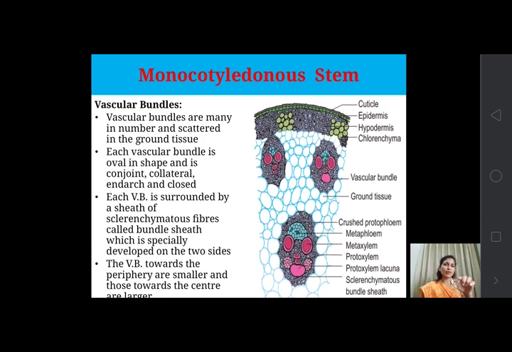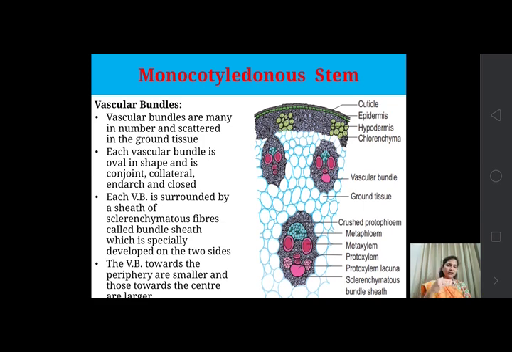This vascular bundle is surrounded by a sheath of sclerenchymatous fibers called the bundle sheath, which is specially developed on two sides, the upper side and the lower side. You can see in the picture the labeled sclerenchymatous bundle sheath, and the upper part is also made up of it.